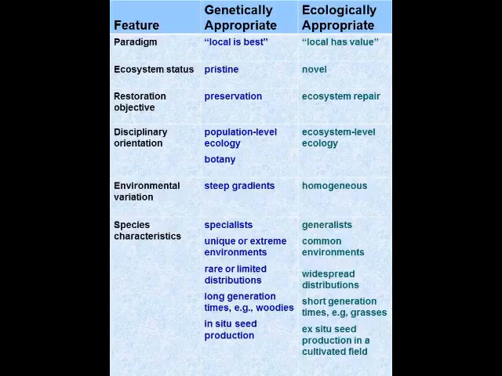But some other species characteristics may be more in sync with the EA approach. For example, generalist species, environments that are common throughout the landscape, species that have widespread distributions and short generation times, for example, grasses, and those in which we can do ex situ seed production in a cultivated setting, off-site. Okay, we can't really do that very well with trees because they're so long-lived, but we can do it. The seed industry knows all about doing this with herbaceous species, for example.